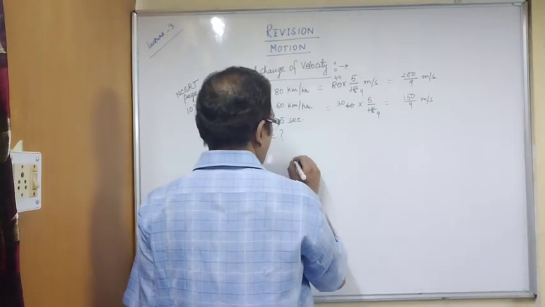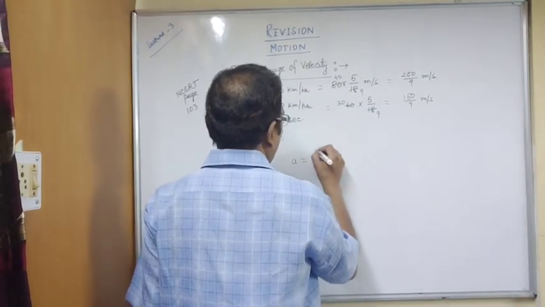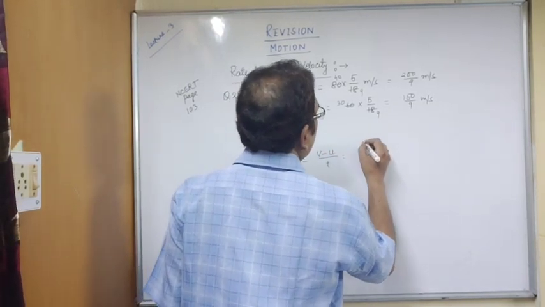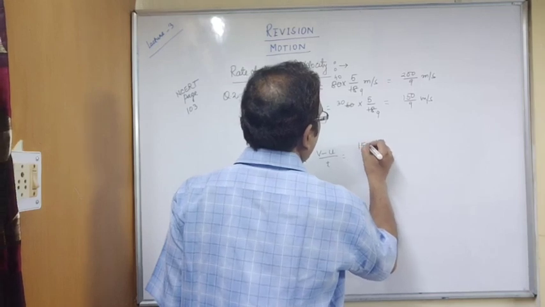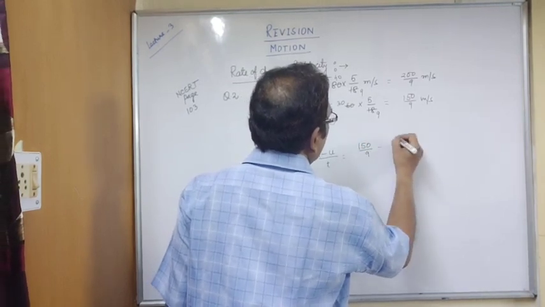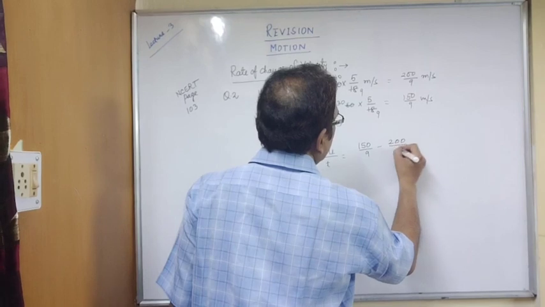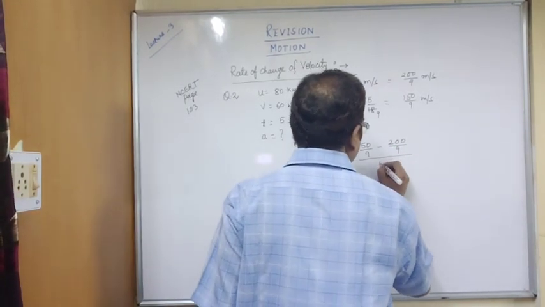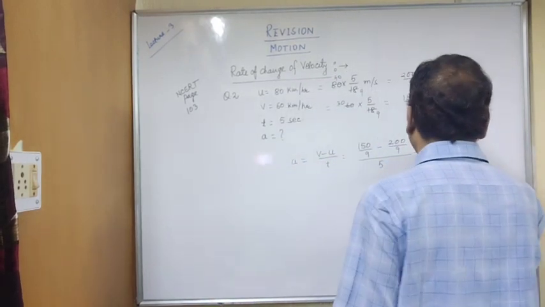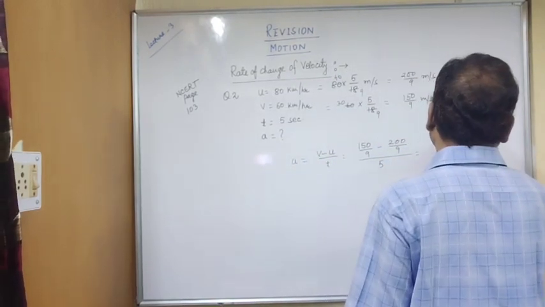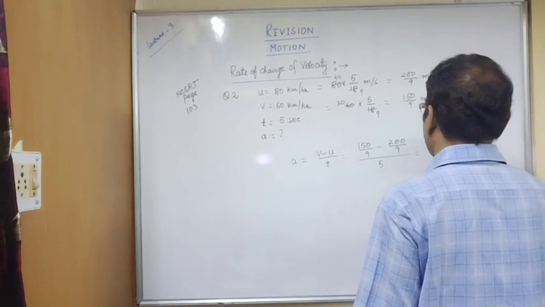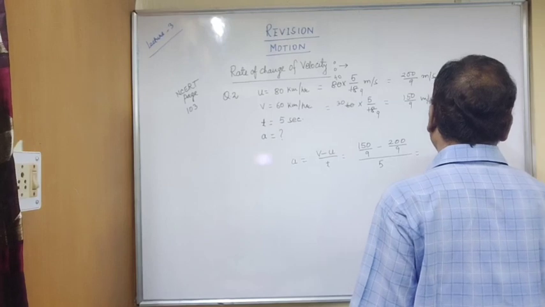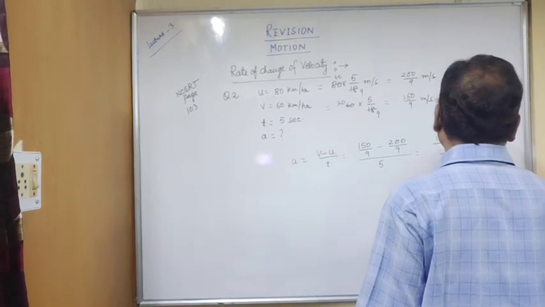Now, we know that acceleration is equal to v minus u by t. So v is how much? 150 by 9. u is 200 by 9. Substitute the values in formula, and time is 5 seconds. So this can be written as, obviously LCM is 9, so it will be 150 minus 200 by 5.